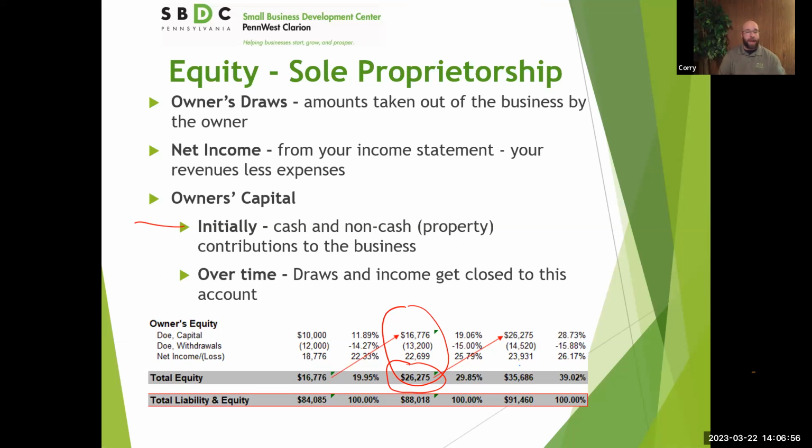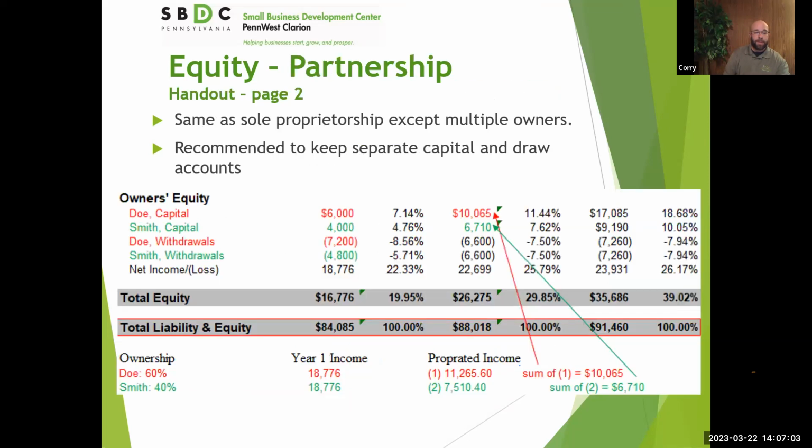Now, a sole proprietorship, as you see at the bottom of the screen, is going to look just like a partnership right here, except now you have two different owners. You have Doe and you have Smith. You might see over in this column right here that the numbers are a little bit different.